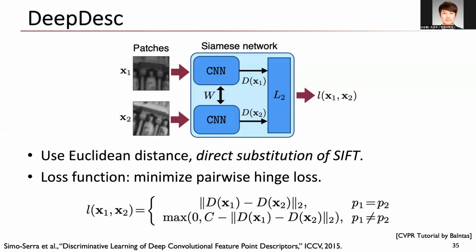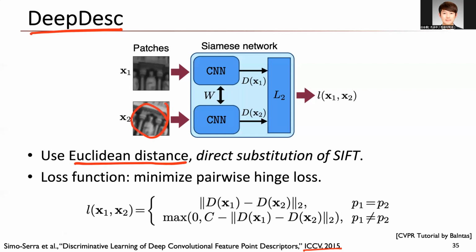So after that, in a similar time, at ICCV 2015, there was a DeepCompare paper, which first appeared on arXiv in 2014. Compared to the previous approach, they want to use Euclidean distance to define the similarity between the two patches.